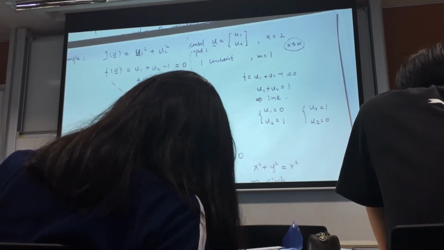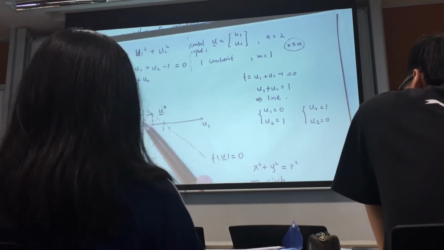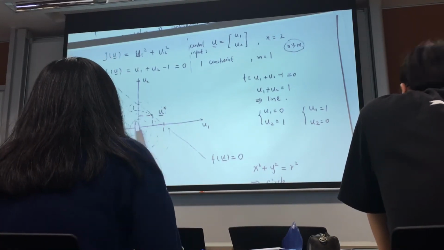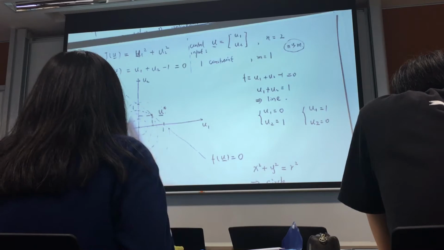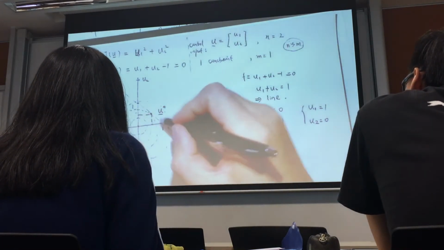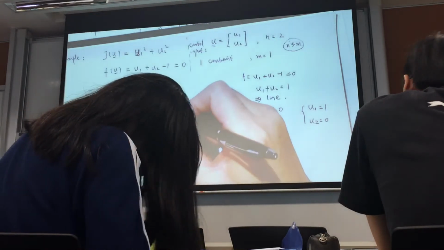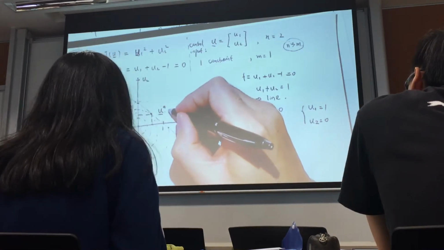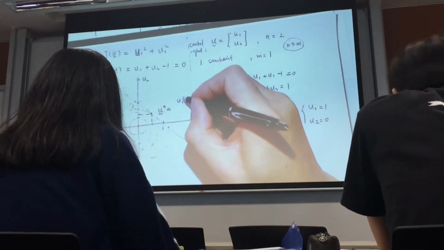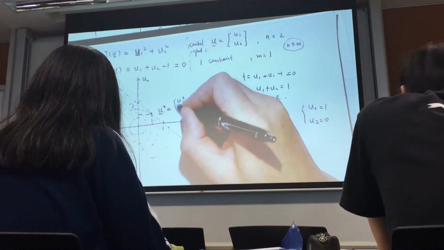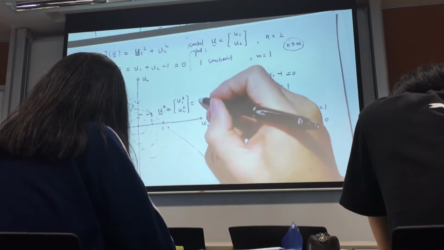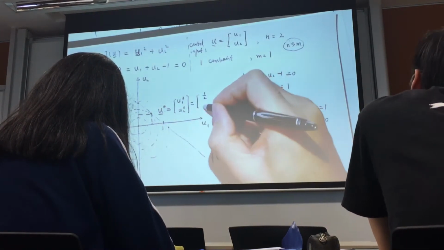You can determine this point from the geometry of the circle and the line. So u1 star, u2 star equal a half.